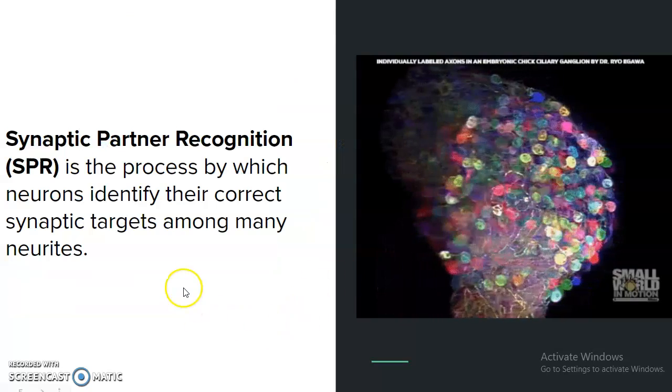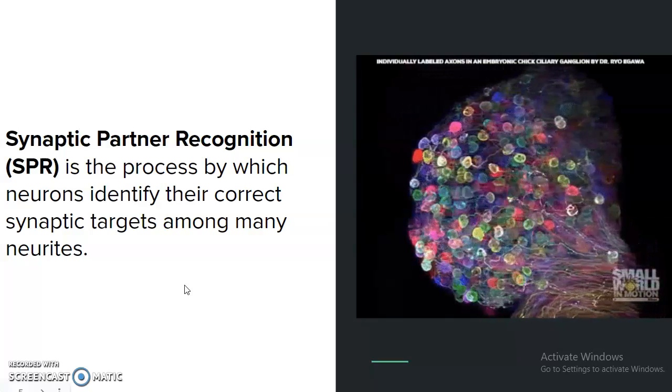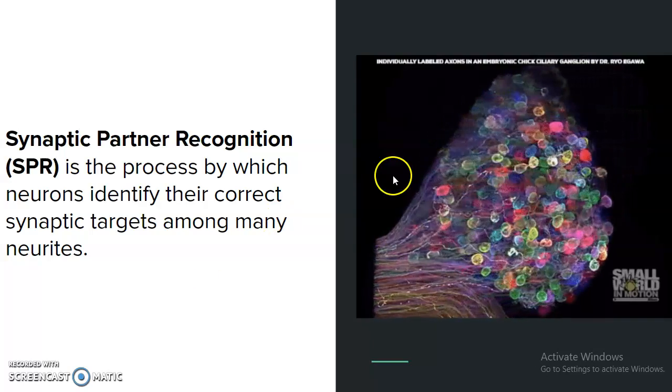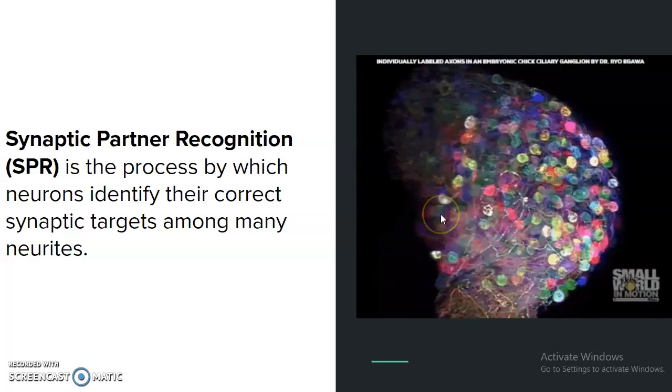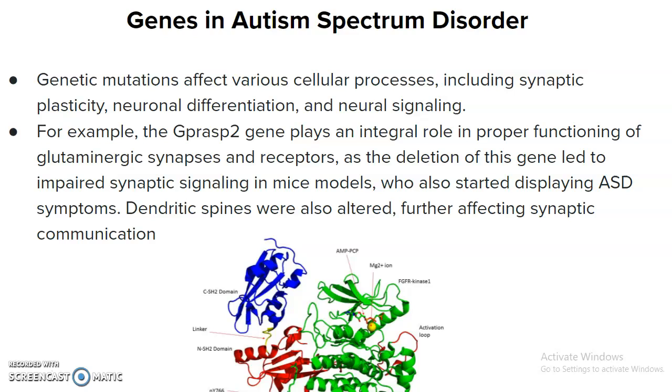Synaptic partner recognition is basically the process by which neurons find the correct synaptic targets from among the different neurites, so among the different axons of the different brain cells. Along with synaptogenesis, these genetic mutations also affect different cellular processes, including synaptic plasticity, which means basically the ability to learn, for the synapses to be shaped.